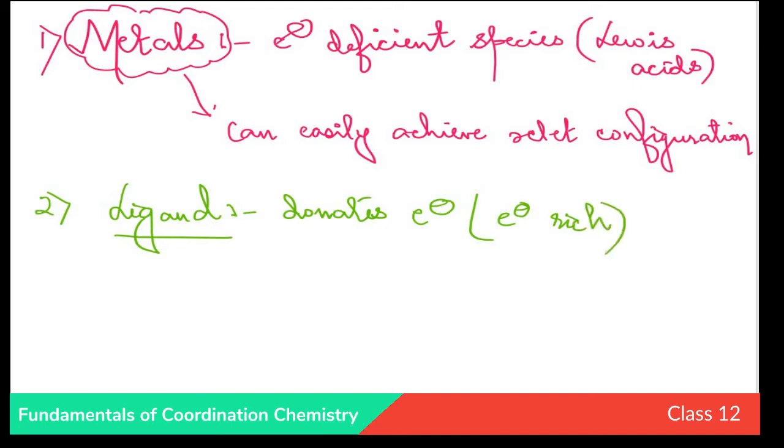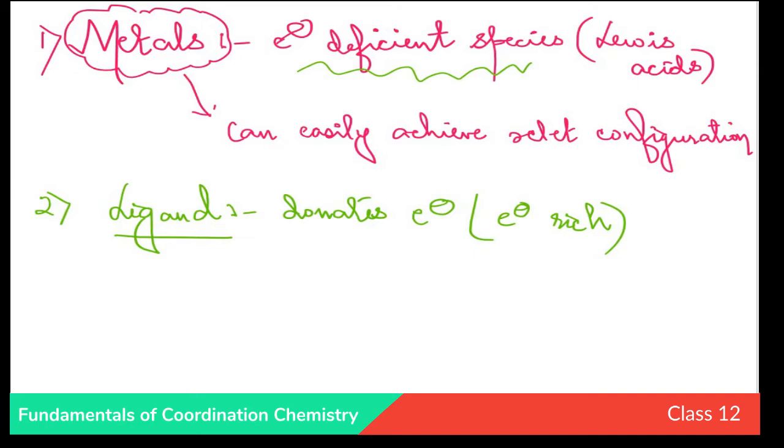Now, what is its function? Its function is to donate its electrons so as to help the metals achieve their octet configuration. Since the metals are electron deficient species, the ligands will help to stabilize them or create a bond by donating their electrons.